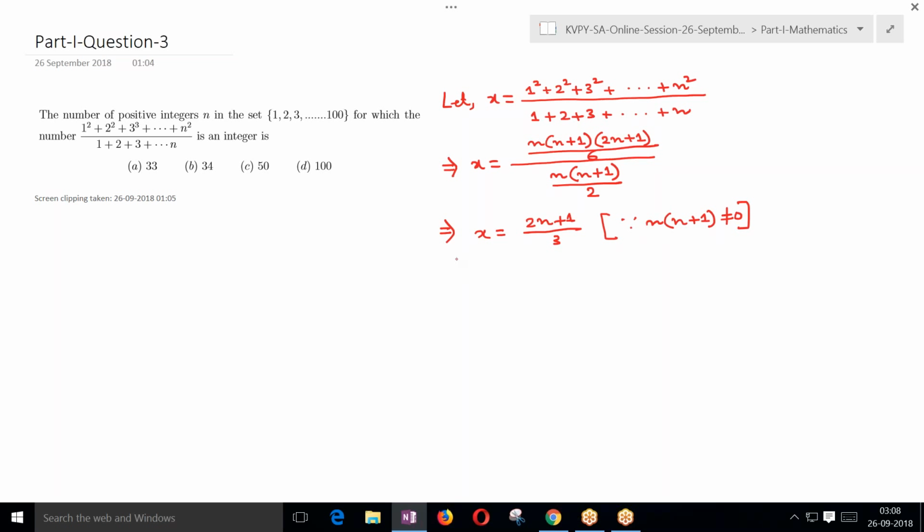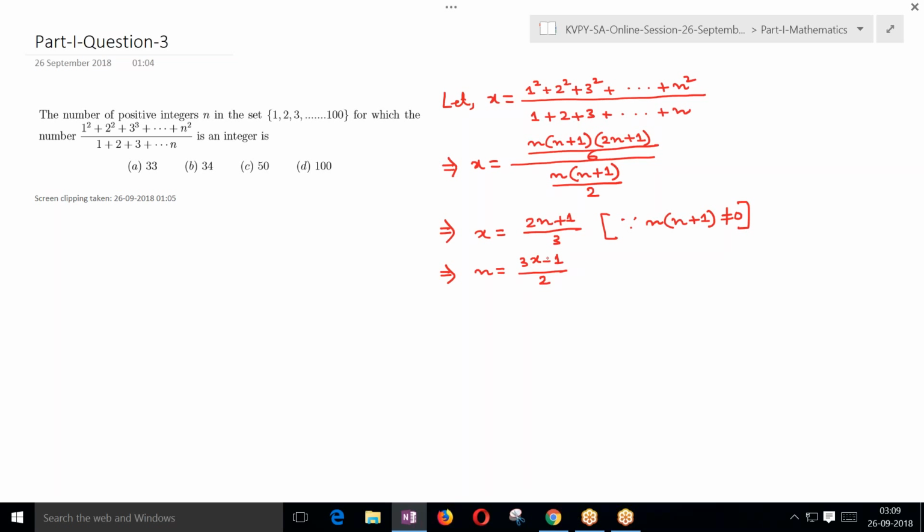So from here we get n is equal to 3 into x minus 1 by 2.